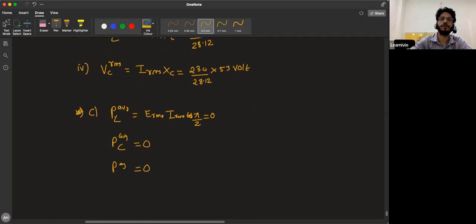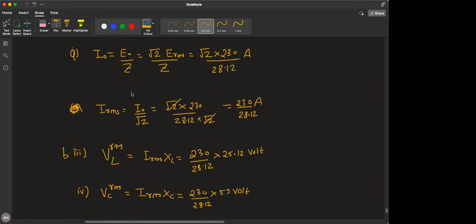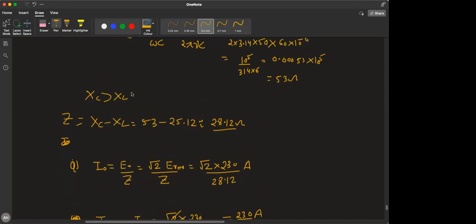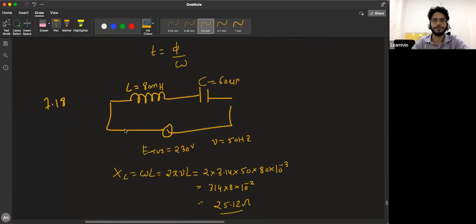That is also there. Note it down. Noted down.